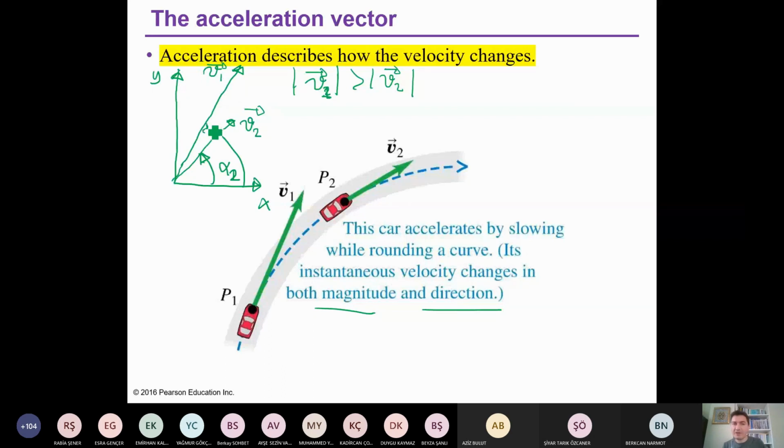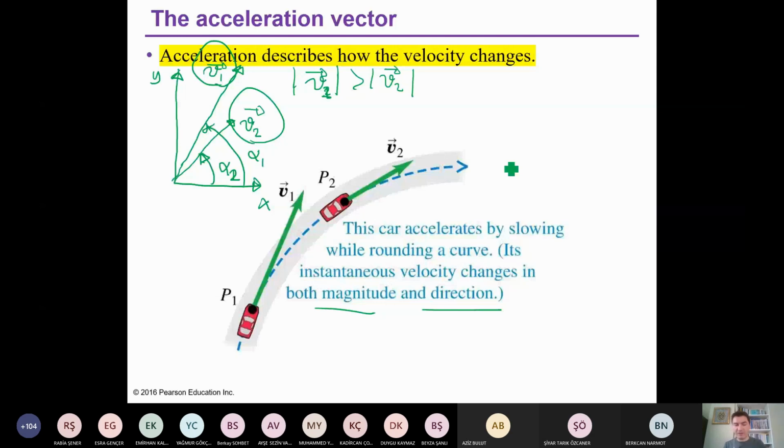These are completely different vectors, both in terms of magnitude and direction. So what was the acceleration? Acceleration is given by the time derivative of the velocity. So here, since the velocity changes, we have acceleration.